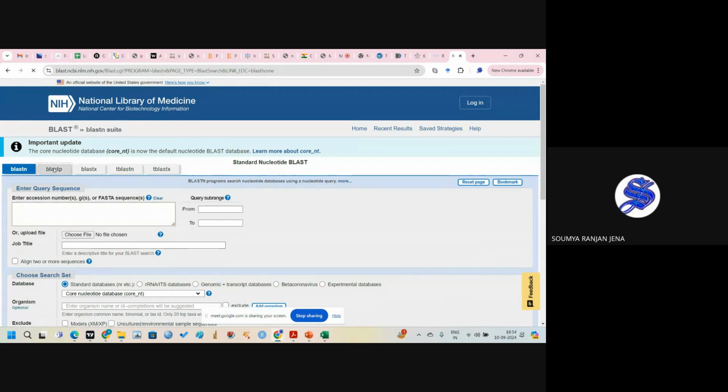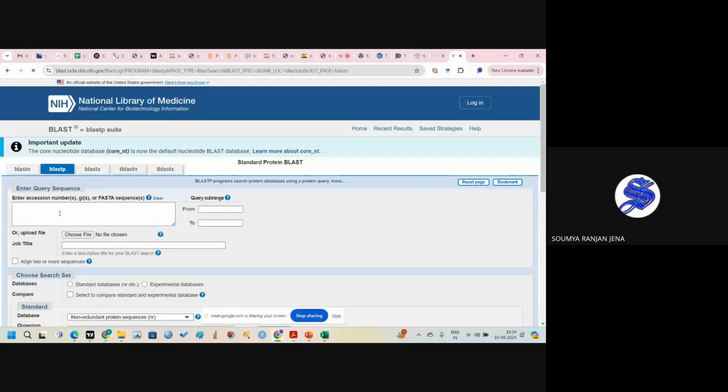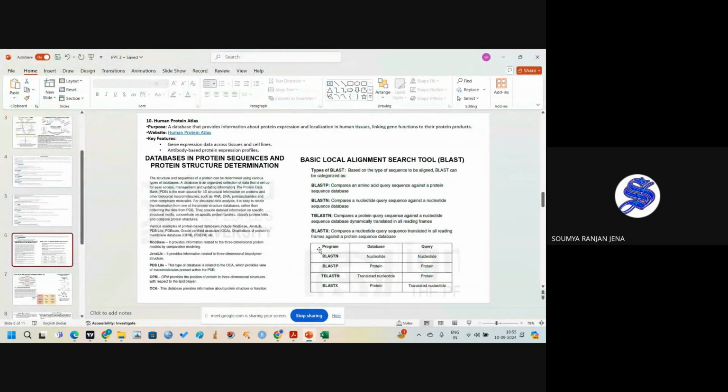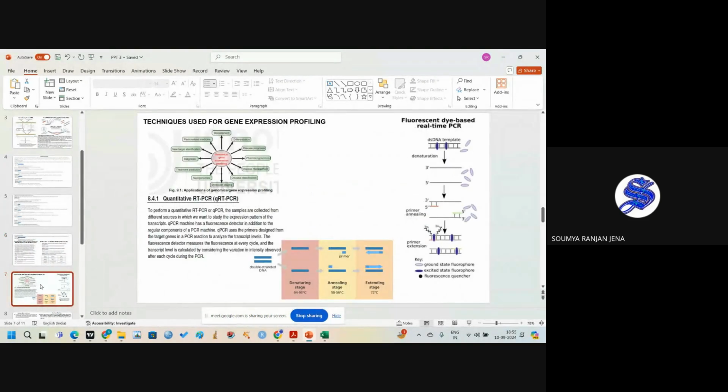If you go to BLASTP, then you can put in your protein sequence. This is BLASTX, this is TBLASTN, this is TBLASTX. Here also you can use these. These are the Basic Local Alignment Search Tool programs for protein sequence or DNA sequence database analysis.